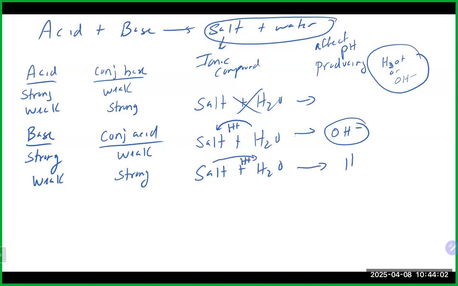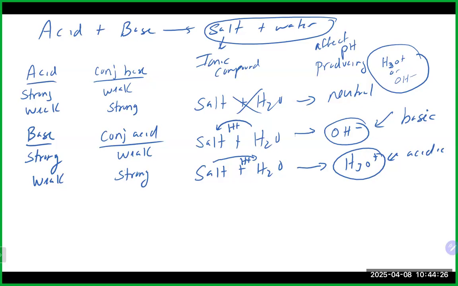The result of that is you can produce H3O plus. If you do this, you would expect the solution to be basic. And if you do this, you expect it to be acidic. If it does neither, it's basically going to be neutral. You're not going to get anything happening. The pH there is going to be basically 7 for that salt solution. Any questions on that there?